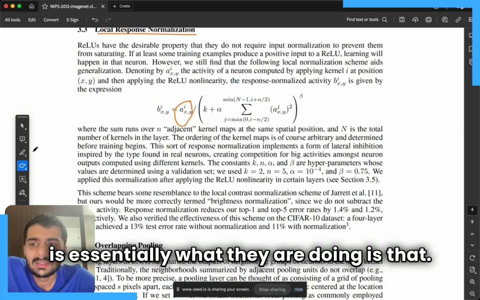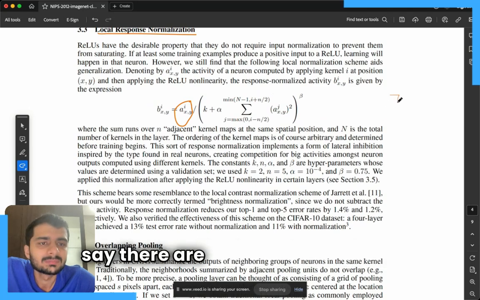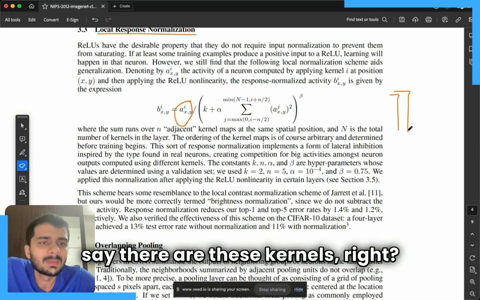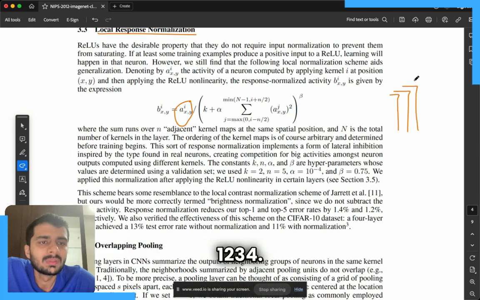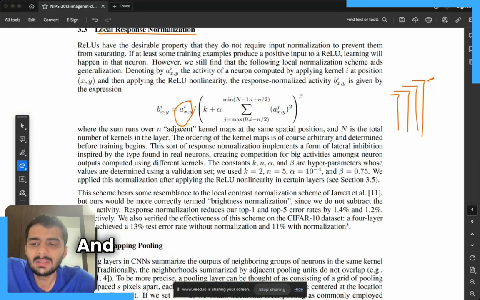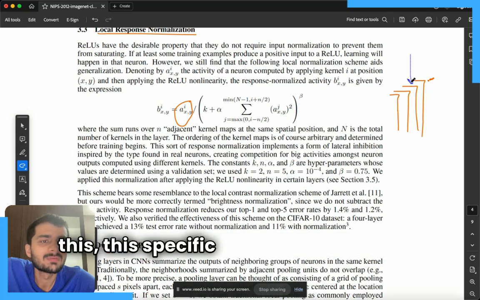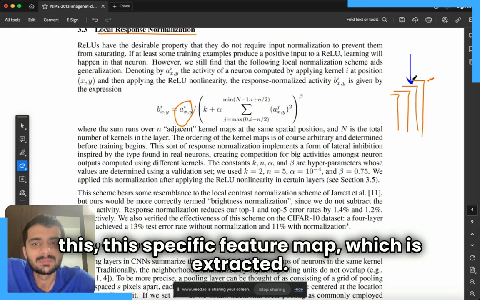My understanding of this is, let's say there are these kernels, one, two, three, four. So 96 kernels, and you are looking at this specific feature map which is extracted.